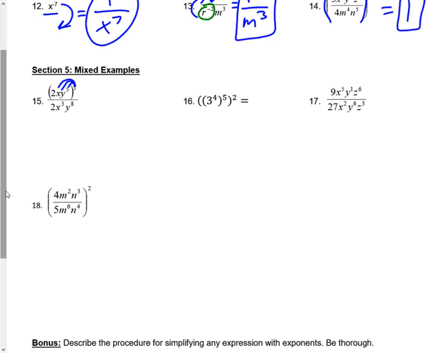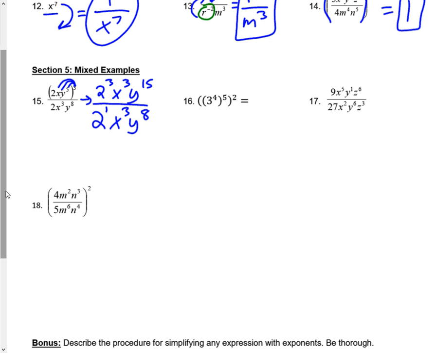So I'm going to rewrite this as 2 to the 3rd power, x to the 3rd power, and y to the 5 times 3 is 15th power. On the denominator, I have 2, which would be to the 1st power if you want to write it that way, x cubed, y to the 8th power.